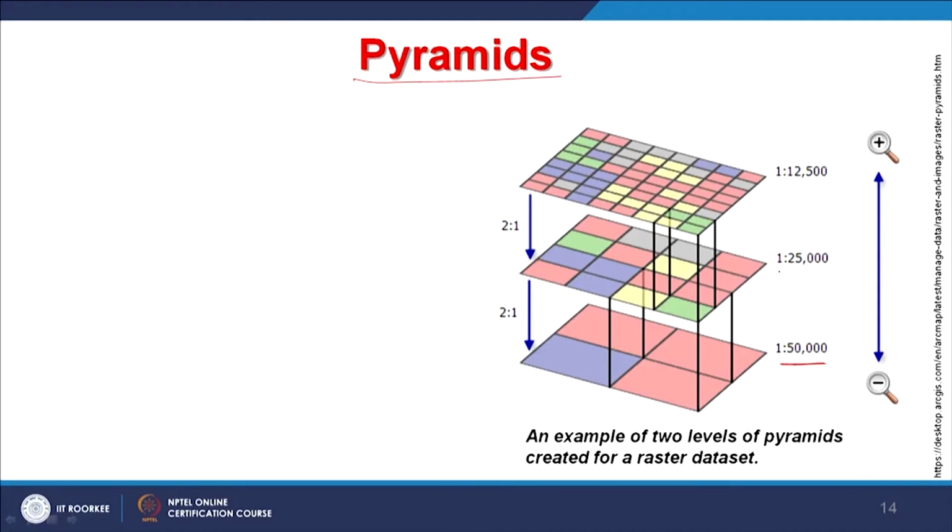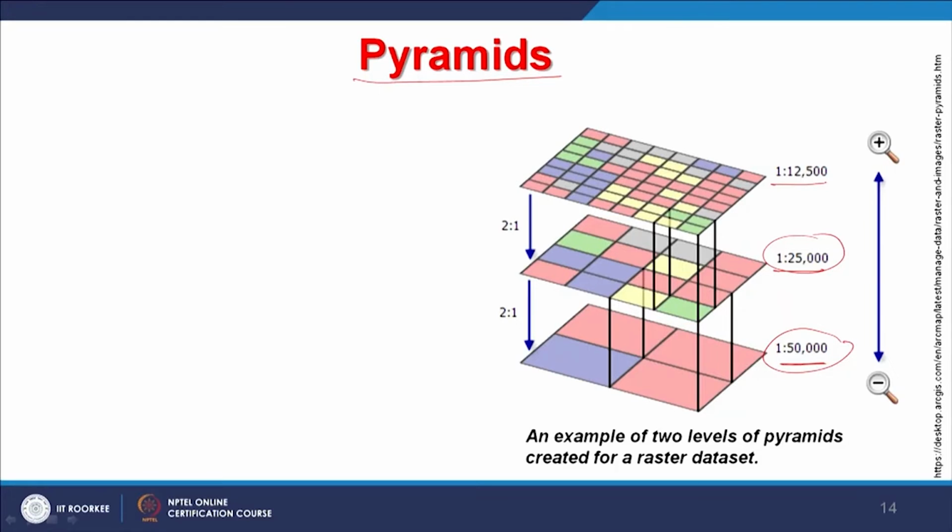But if I zoom in, then my scale is changing. So, from a small scale I am going towards a large scale, and then the number of pixels will be more, which will cover less ground area. And if I zoom further, then I am going for a further high or large scale, and more pixels will be displayed on my screen.